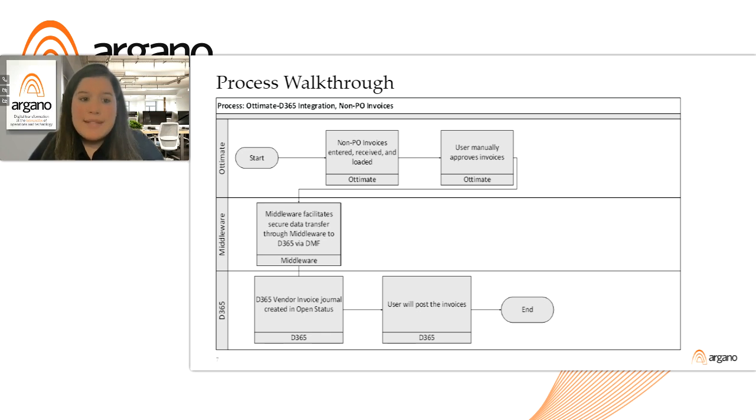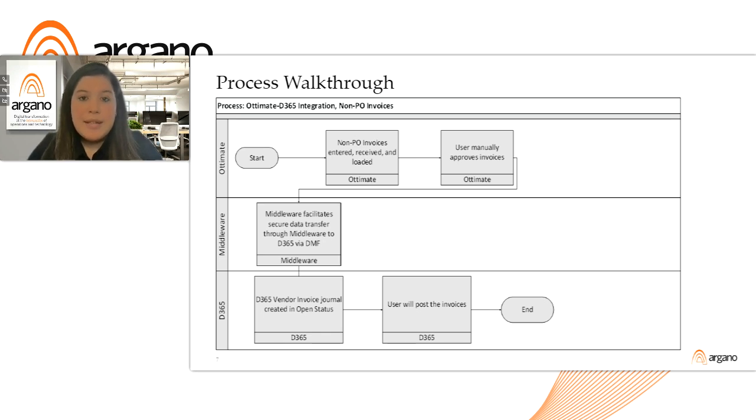We start in the Ottimate system, where the non-PO invoice is entered, received, and loaded. From there, a user will manually approve that invoice. Once it's approved, it will be sent to the middleware, which will facilitate the secure data transfer through the DMF, Data Management Framework.